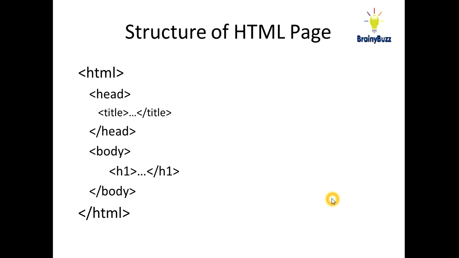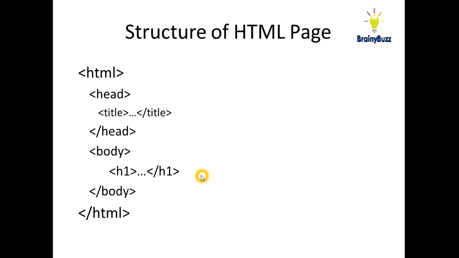So this is the structure of the HTML page. Whenever you start writing the HTML program, it should start with the HTML tag and it should end with the /HTML tag. There are two important sections of the HTML page, that is the head tag and the body tag. The head tag will contain the header information about your HTML page, like your title or anything like that. And body tag is the most important. Whatever you will see on a document or on a web page, that should be included in the body.